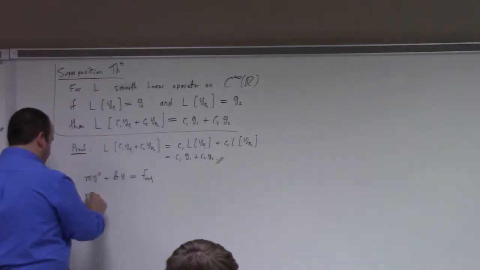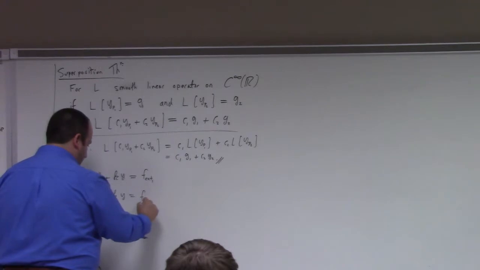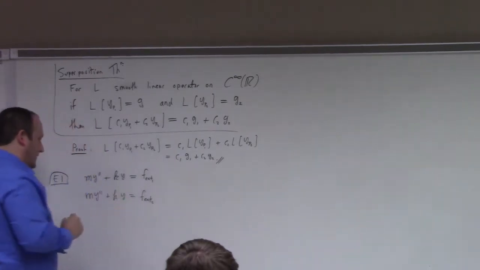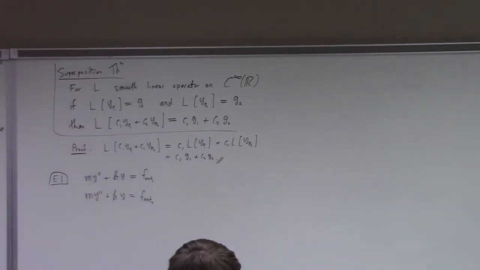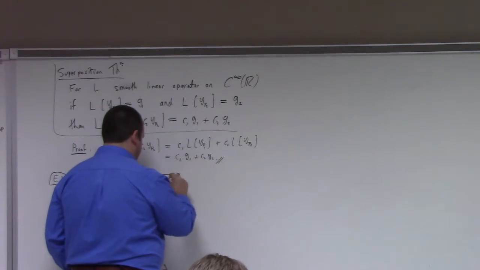And we could look at my'' plus ky equals f external 2, where the external force 1 and the external force 2 are two given functions, all right? So we do the math we've learned how to do. You guys just did it on the quiz. And so for this, we would solve, right?